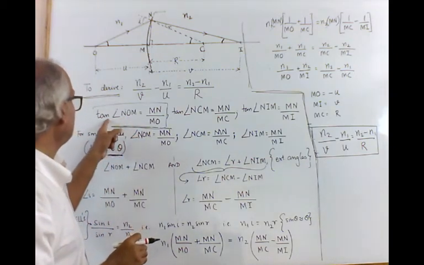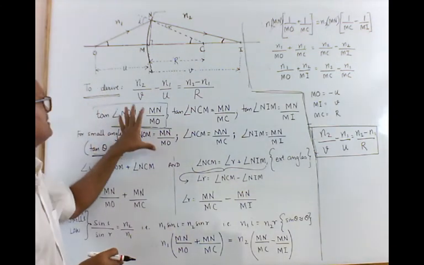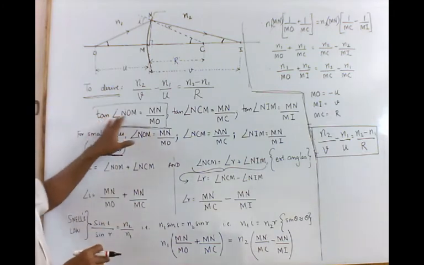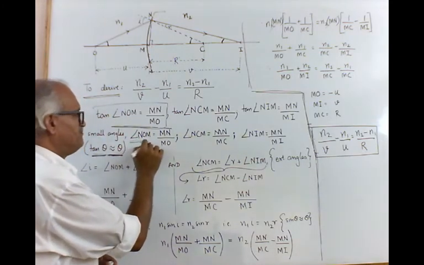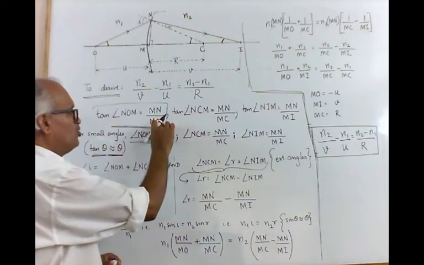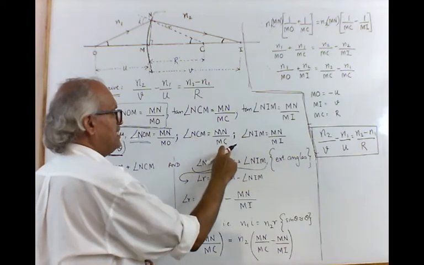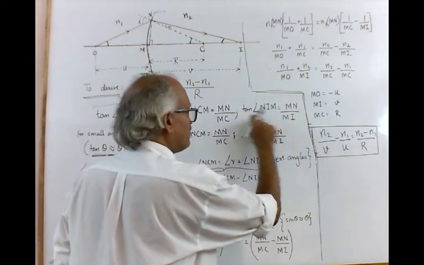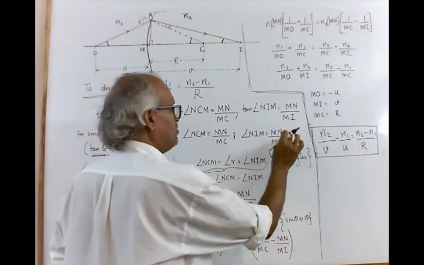So we can eliminate the tan part, and we can say that approximately, instead of tan angle NOM, we can just write angle NOM is equal to MN upon MO. Same way, angle NCM is equal to MN upon MC, and instead of tan angle NIM, just write angle NIM is equal to MN upon MI.